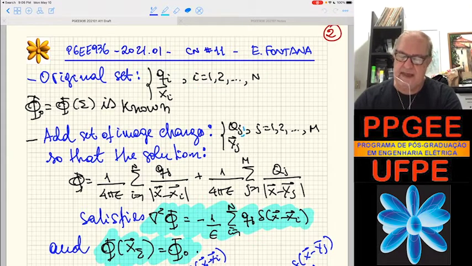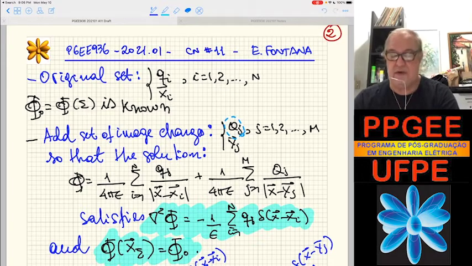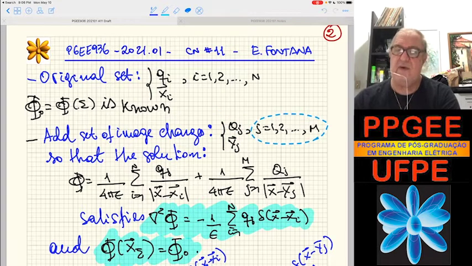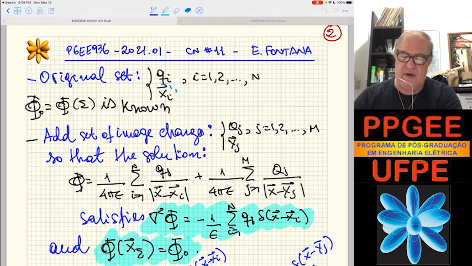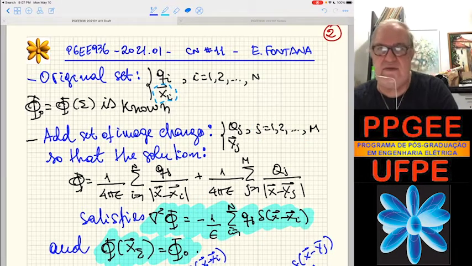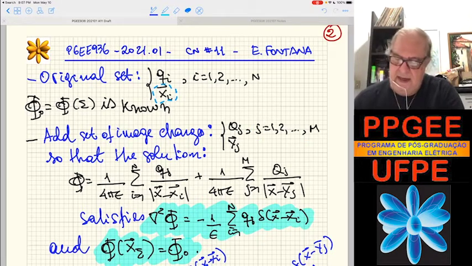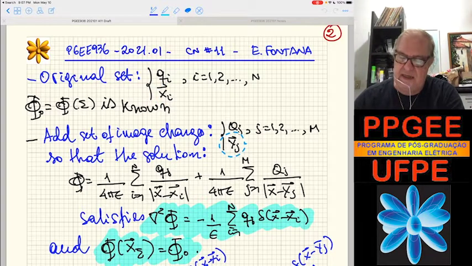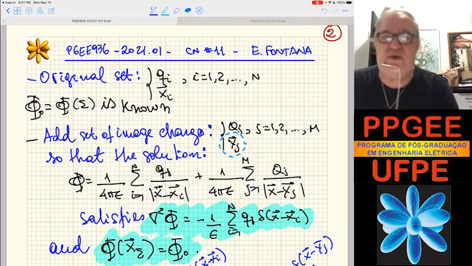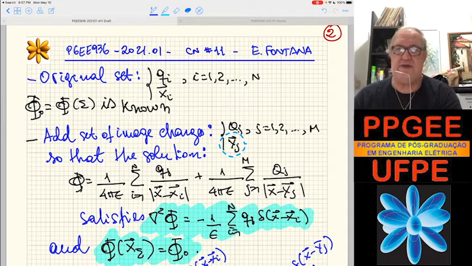Then we add those capital Q_j charges, with j going from 1 to m. So m charges. The location of the original charge x_i is inside of the region, and the location of the image charge is y_j. So if we add the image charges, we have a potential solution.